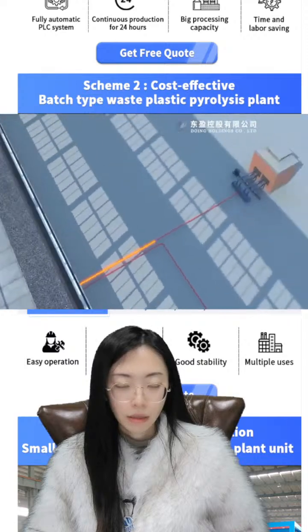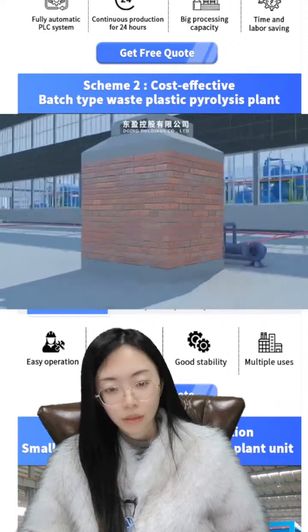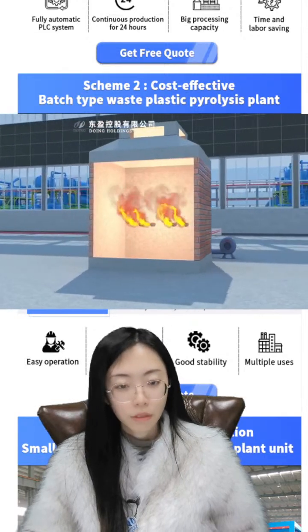This is the burning chamber. If we have some tail gas we don't need to use, we can set this up, an optional device.